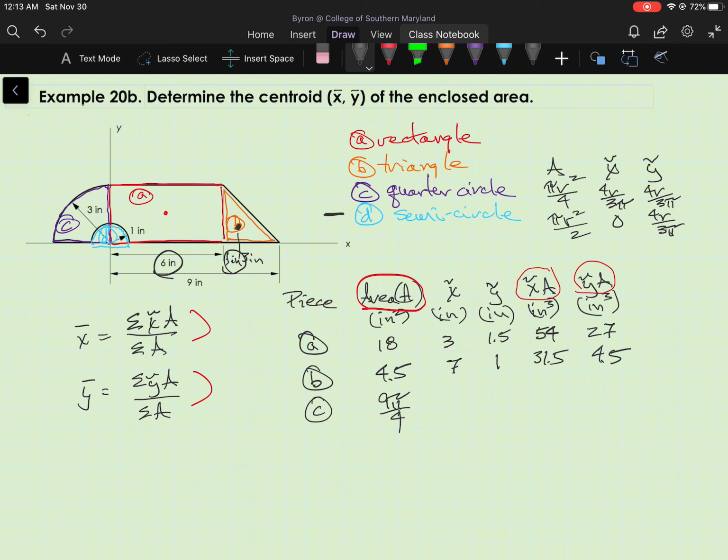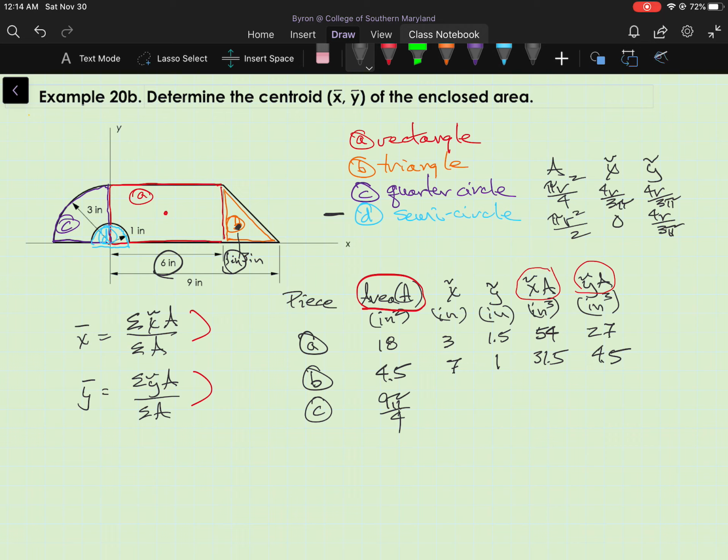Okay. Now x tilde is 4r over 3 pi for a quarter circle. But notice here that the quarter circle is on the left side of the y-axis. In other words, that distance to that centroid along the x-axis is going to be negative.